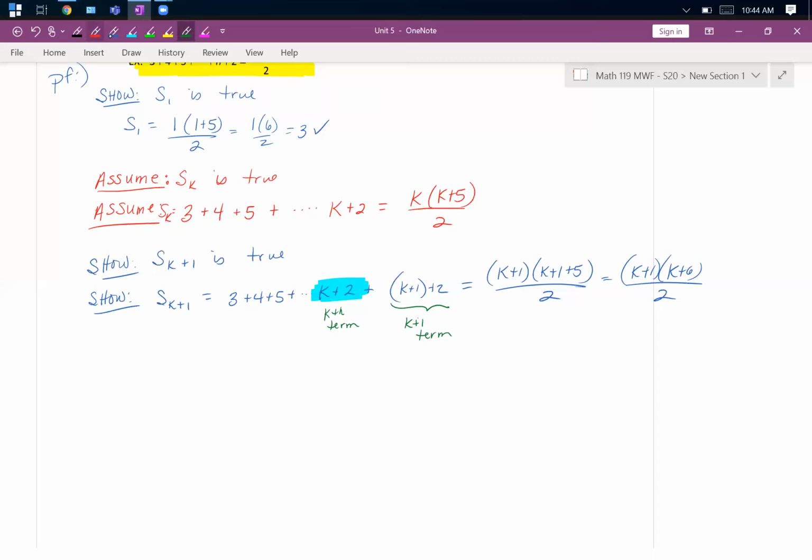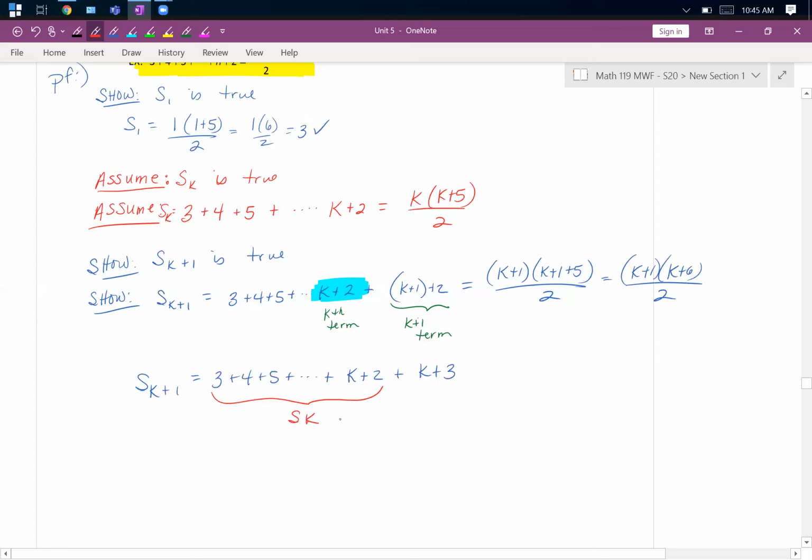So I'm starting with S sub k plus 1. And I'm basically just rewriting this portion of what I have. All right, so S sub k plus 1 we know is equal to this. And that k plus 1 term, I'm just going to write that k plus 3 to clean it up. Well, this first part right here is S sub k. Right?